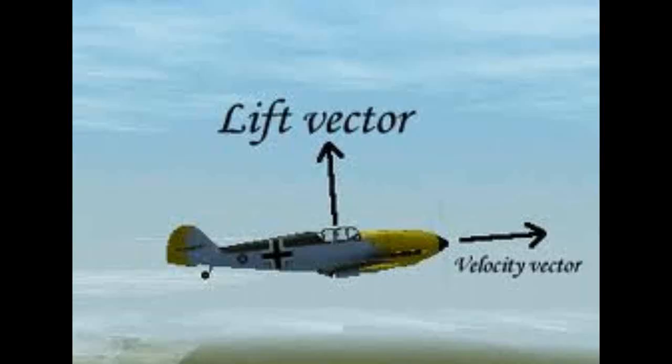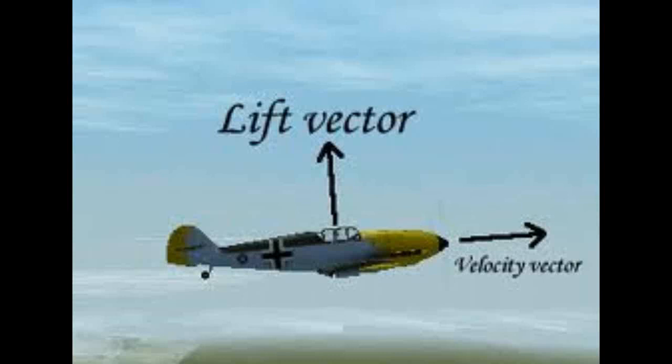Usually this is roughly the same as where your nose is pointed, but at high angles of attack the velocity vector doesn't really match the nose of the plane. For instance, when you are landing, flaring out, your velocity vector is pointed much lower than the nose of the plane.